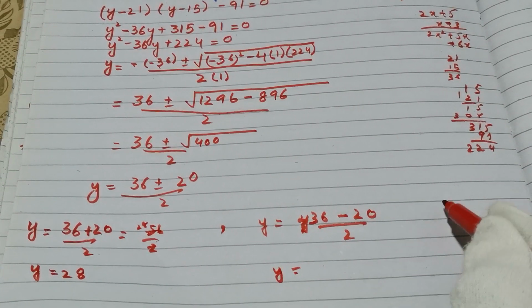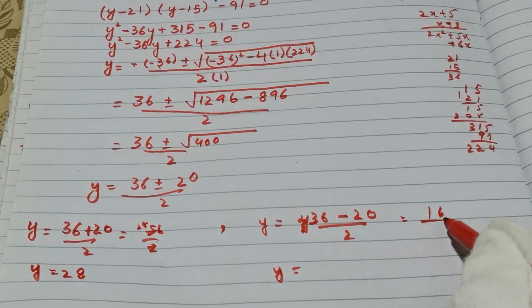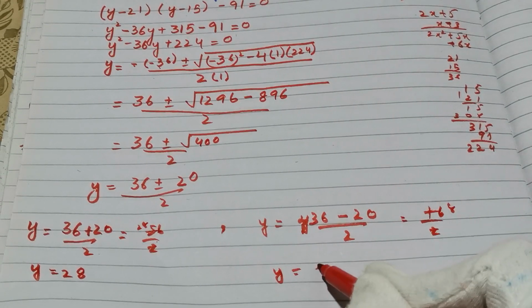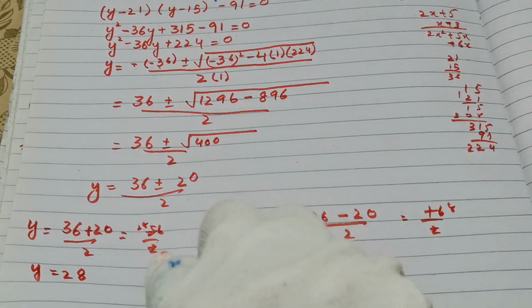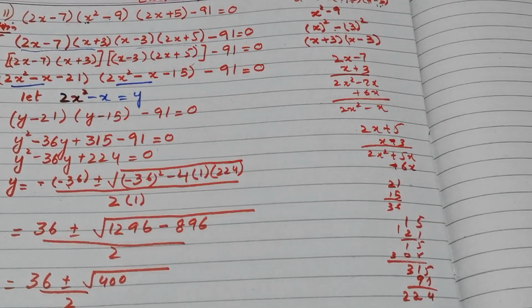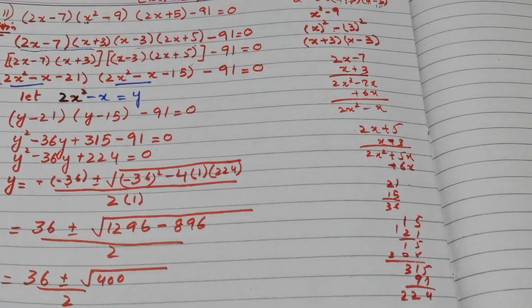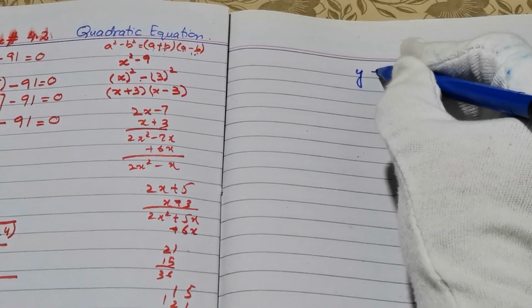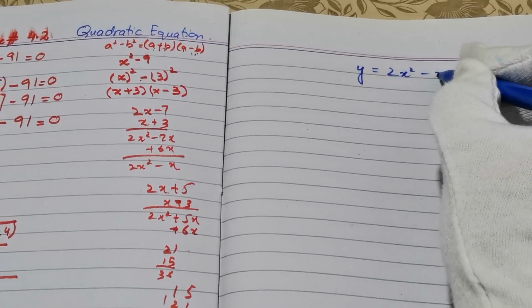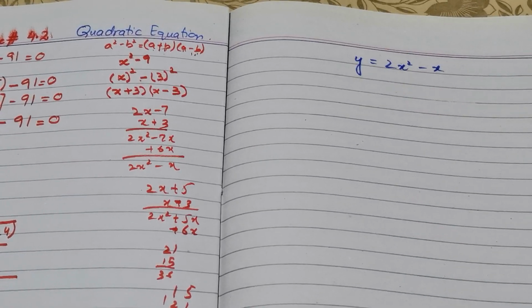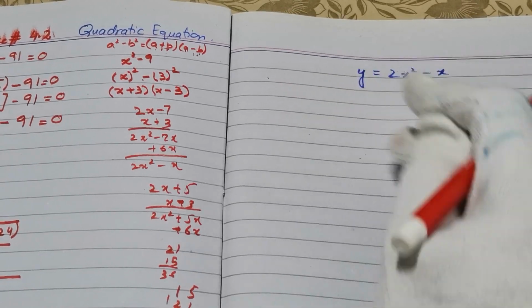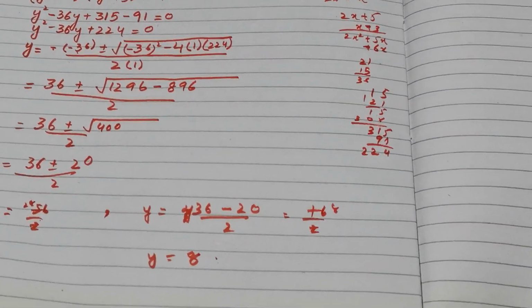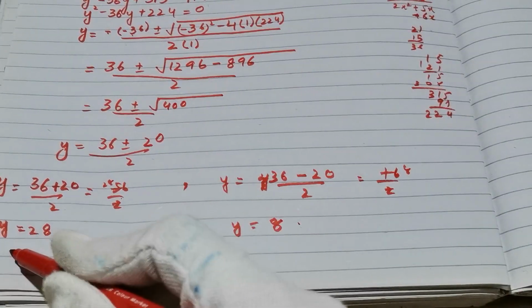Now y is equal to 8. Here what did we consider? We considered 2x square minus x is equal to y. So y is equal to 2x square minus x. One time we'll take y is equal to 28, and next time y is equal to 8.